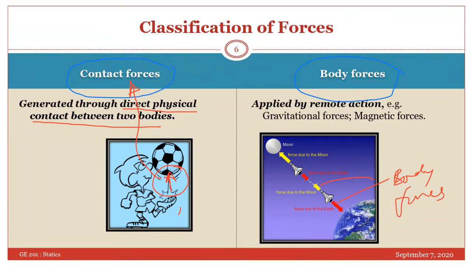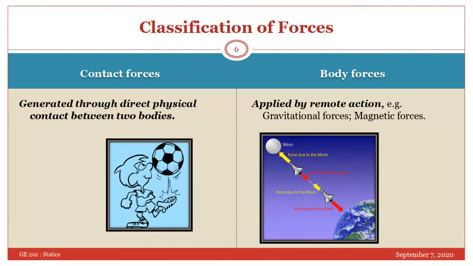So these are all body forces. And magnetic force: all the remote controlled cars, remote controlled helicopters, etc. basically use magnetic forces. And with a simple magnet also, if you have a magnet here over a table, for example, and then you keep pieces of iron, what you see is that they are attracted toward this magnet.